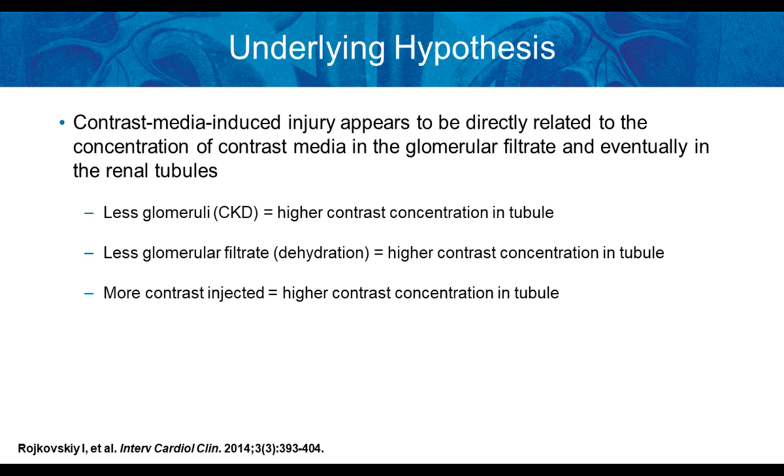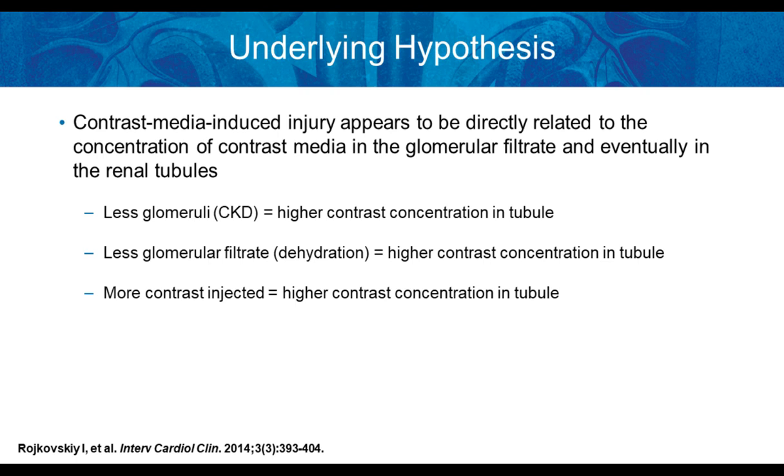So for the same amount of contrast, those nephrons are exposed to a larger amount of contrast. Take a patient that is dehydrated, or take a patient that is in shock. These patients have already reduced their glomerular filtration. That leads to a more concentrated urine, but more concentrated contrast in the tubule. And finally, if you give more contrast, then the patient's kidney is going to see more contrast.